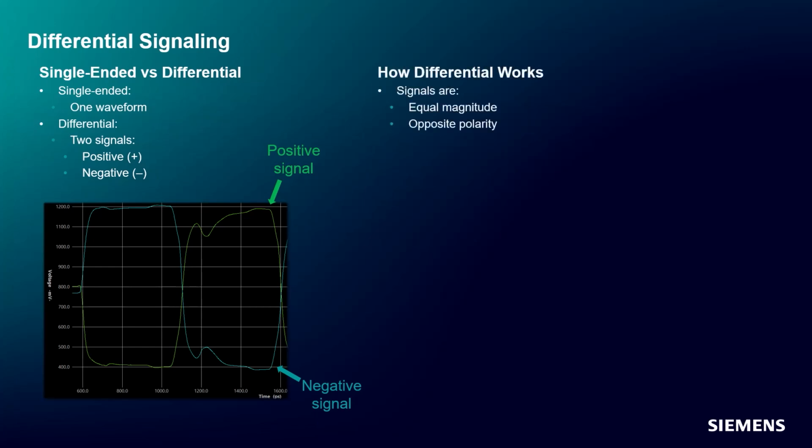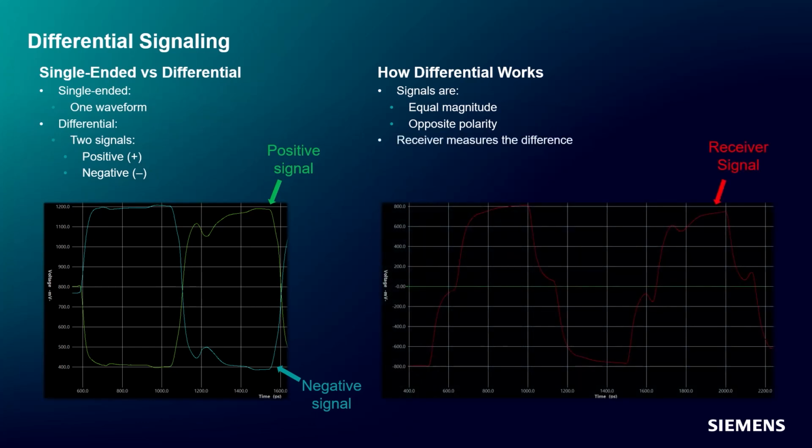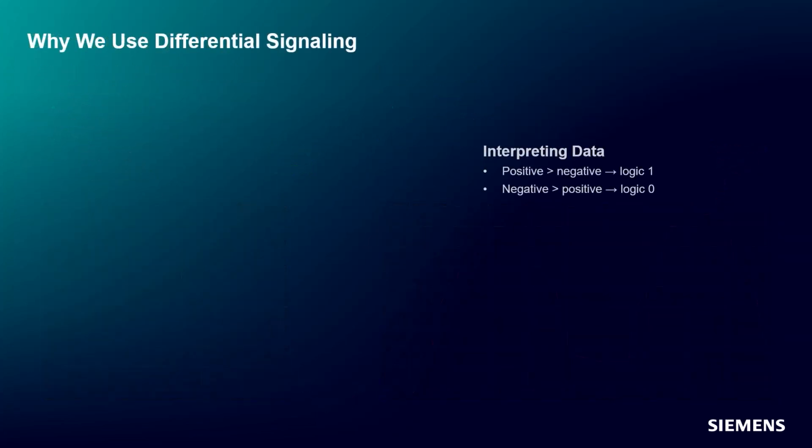These two signals are equal in magnitude but opposite in polarity. The receiver does not look at either signal individually. Instead, it looks at the difference between the two. If the positive signal is higher than the negative, the receiver interprets a 1. If the negative is higher, it interprets a 0.